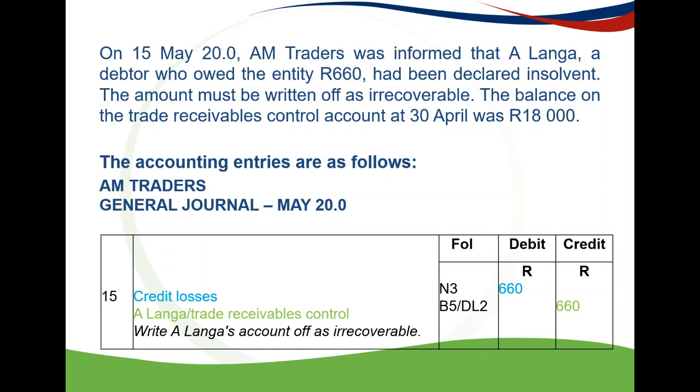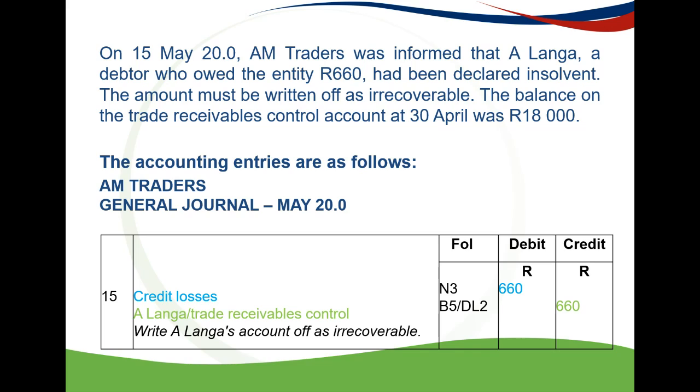Now the balance on the trade receivables control account at 30 April was 18,000 Rand. Now if we look at the accounting entries for this specific transaction to write off the 660 Rand in the general journal, it's going to affect firstly our credit losses account, which is an expense account.